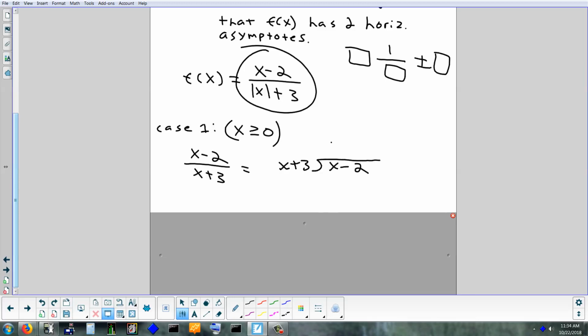So x goes into x one time, multiply it back out. 1 times x is x. 1 times 3 is 3.